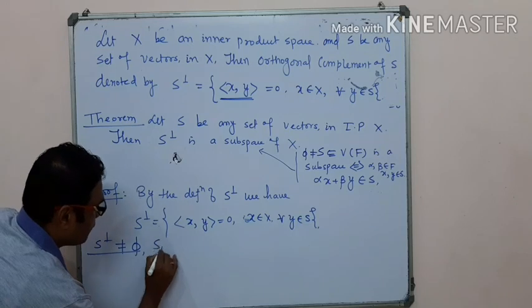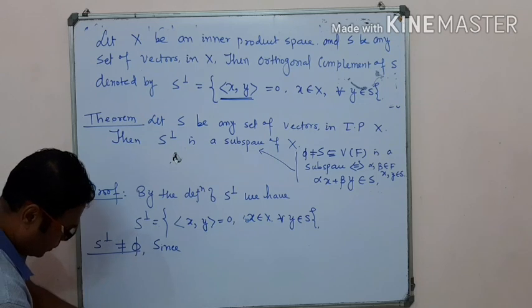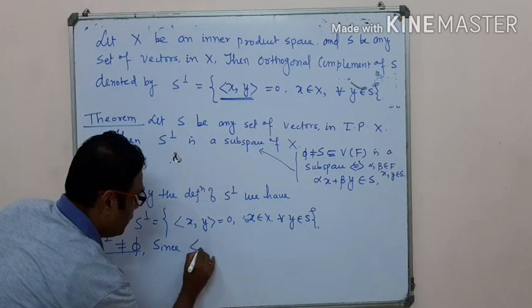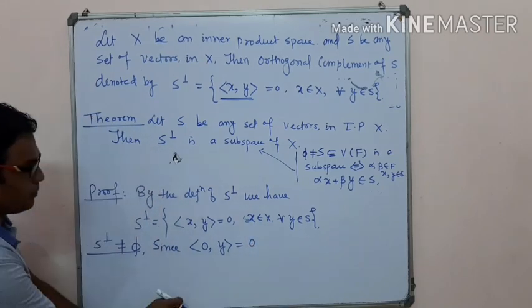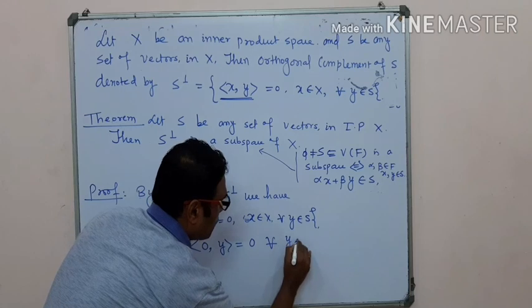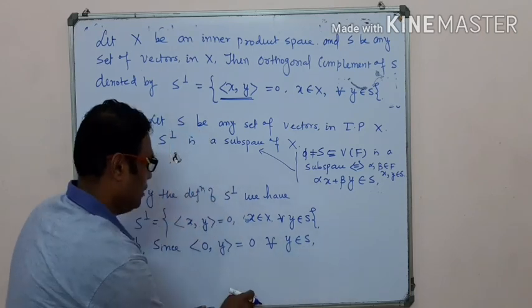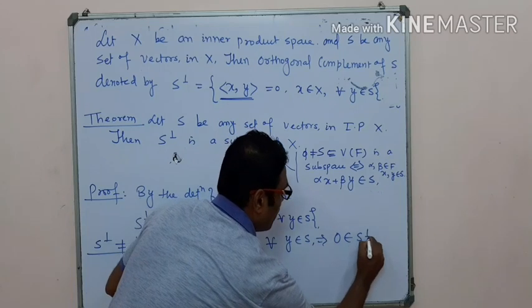Now, since the inner product of 0 comma y is equal to 0 for all y belongs to S, it implies that 0 is a member of S complement.